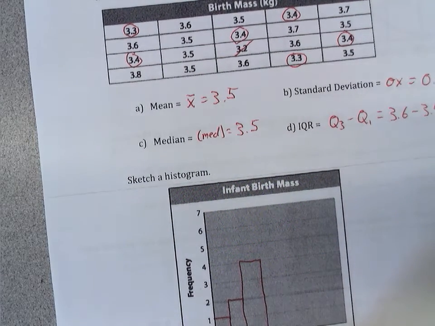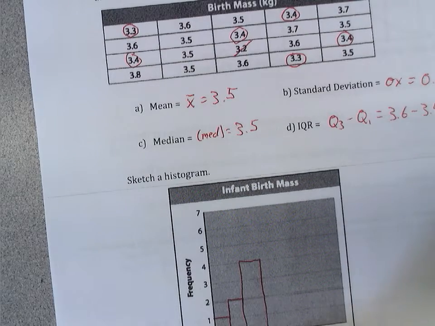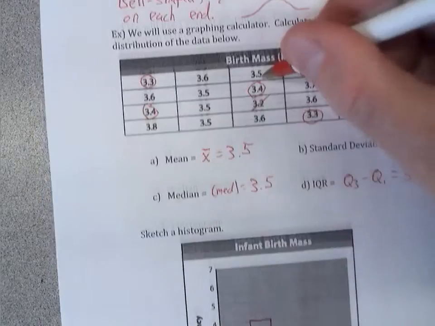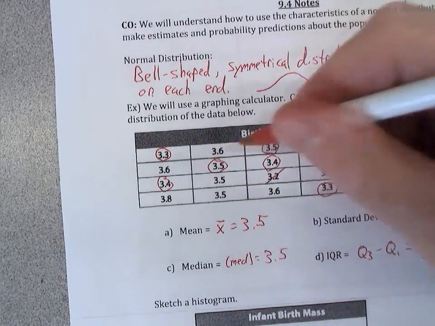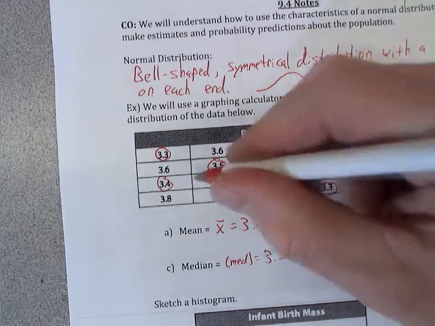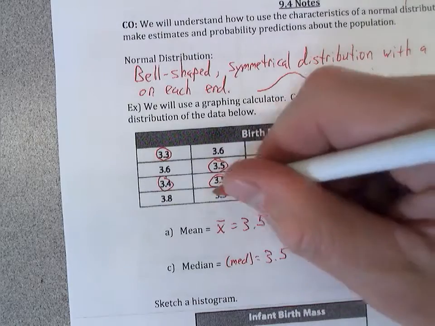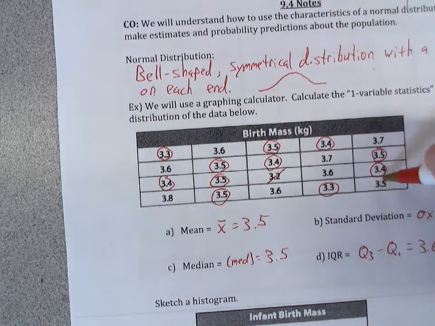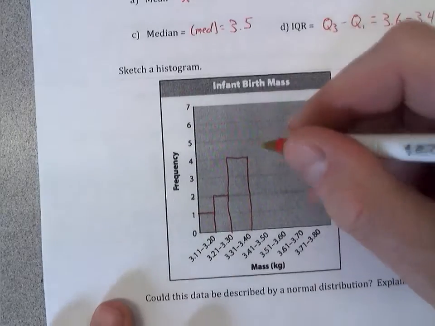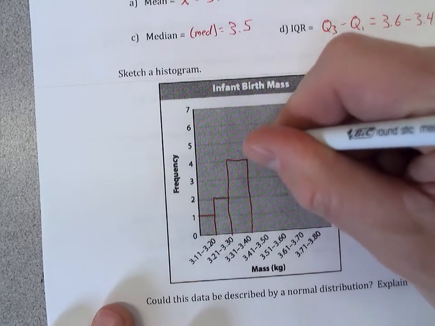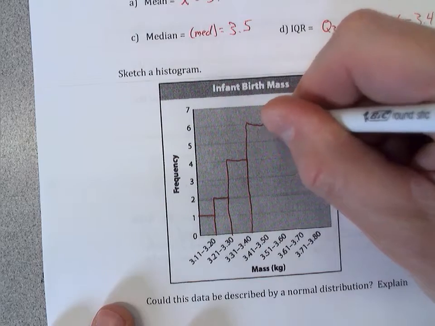Next one is 3.41 to 3.5. Let's see how many of those we have. Coming back down, I've got 1, 2, 3, 4, 5, and 6. So on my histogram, the next one goes all the way up to 6.